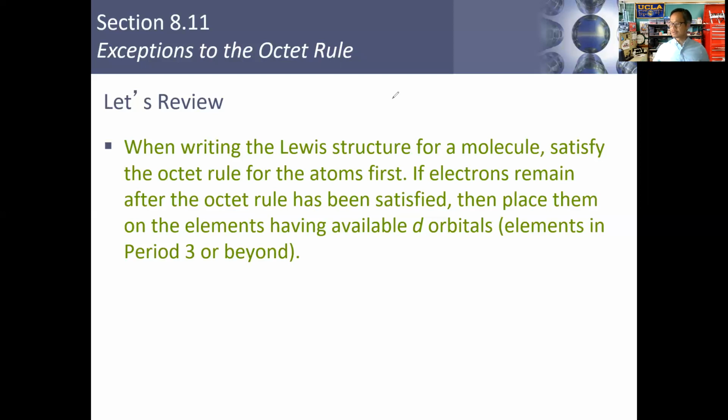And so there are those exceptions, and make sure you keep that in mind, that typically these exceptions will either be boron or beryllium for the atoms that are deficient, and then the larger atoms, group three, row three atoms, will tend to be expanding their octet in order to complete the structure.